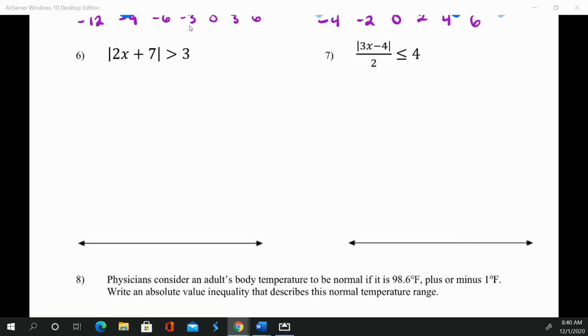Okay, so 6 is already isolated, so we're ready to determine is it an and or an or. This is greater than, so we conclude it's going to end up being an or inequality. So we set up the inequality that's given without the absolute value symbols.